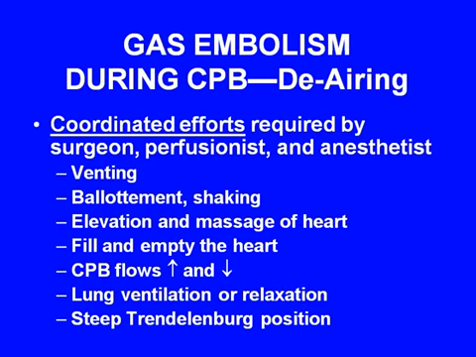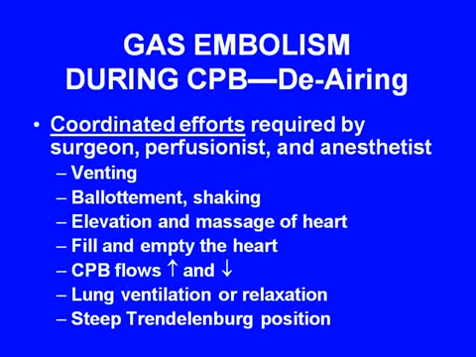De-airing is very, very important. Probably the most coordinated effort that's needed during cardiopulmonary bypass is at the end of the case to de-air the heart. And there are many, many techniques that have been described over the years. I'm not sure every surgical team practices in the same way, but techniques that have been described consist, of course, of venting, ballottement of the left ventricle, shaking the heart, elevating and massaging the heart by the surgeon.